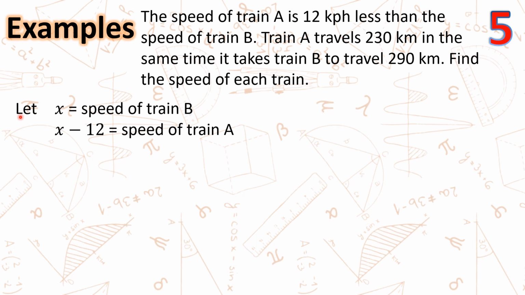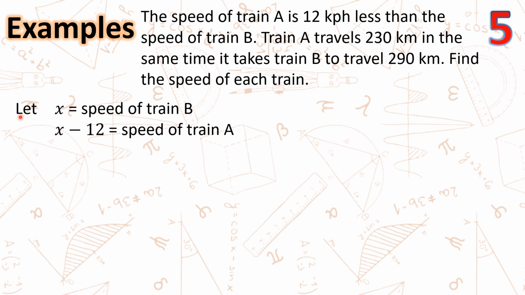So let x be the speed of train B, as the speed of train A is compared to that of train B, and then x minus 12 be the speed of train A, because the problem says train A is 12 kilometers per hour less than the speed of train B.